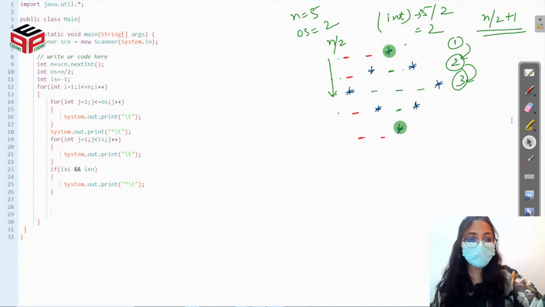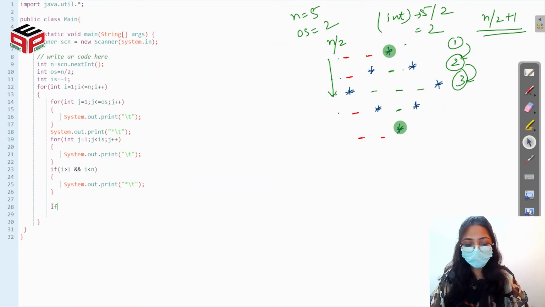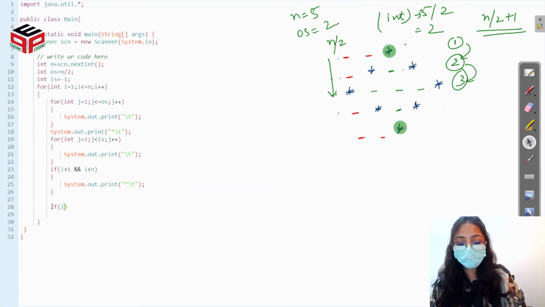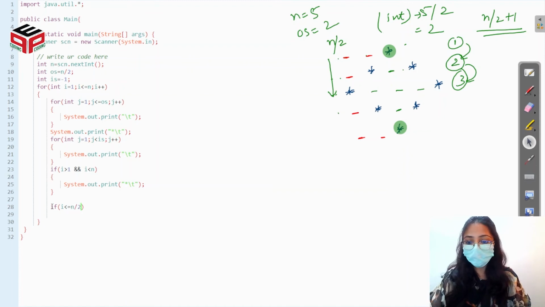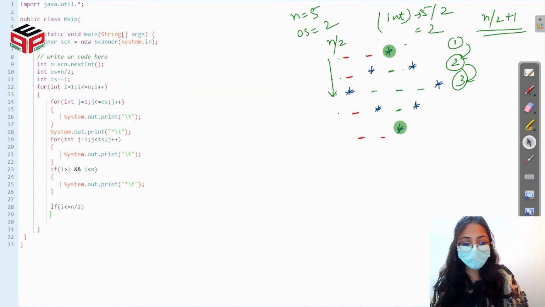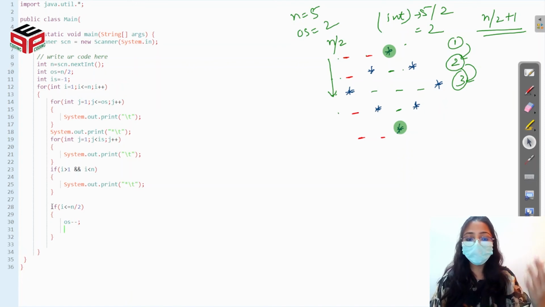So my condition over here will become that if i is less than or equal to n by 2, that is, if i is less than or equal to 2 in this case, we are decreasing outer spaces by 1 and we are increasing inner spaces by 2.